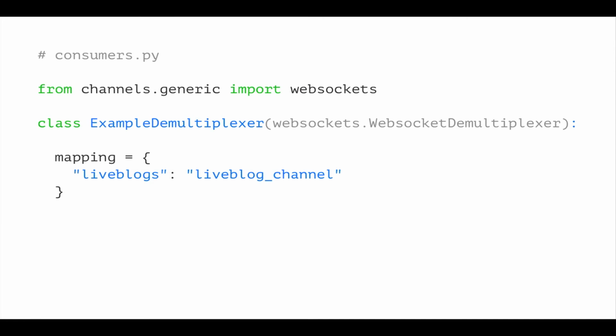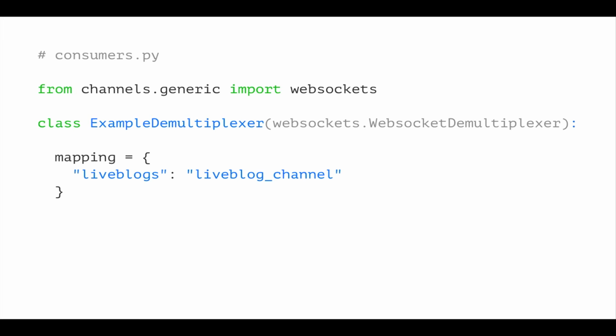When we look at the other side of things, the Python side, we have an example demultiplexer class. It subclasses the WebSocket demultiplexer, which is based on the JSON WebSocket consumer that I showed you previously. This class defines a mapping, where the key is the stream name and the value is the channel name.